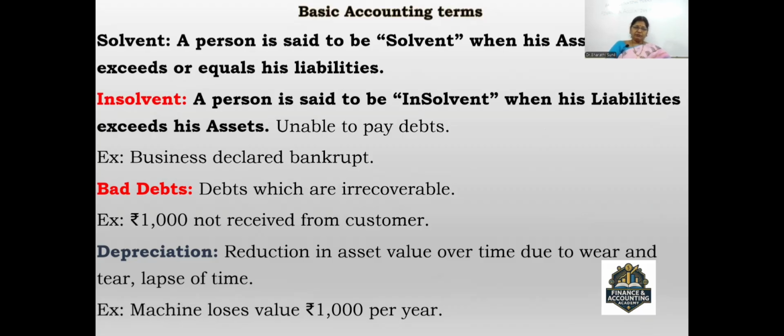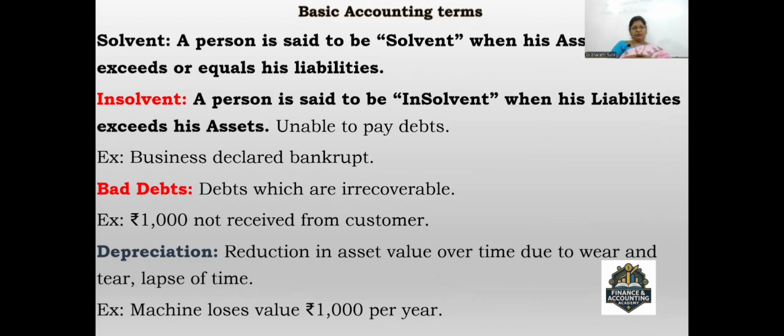What are debts? I have explained this topic when I explained debtors in the first video of our basic accounting terms, right? We sold our products to our customer on credit basis, so our customer should pay our amount in the future. But because of some reasons, he is not paying our amount, which we can't recover.